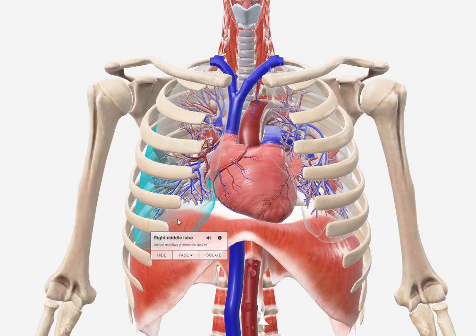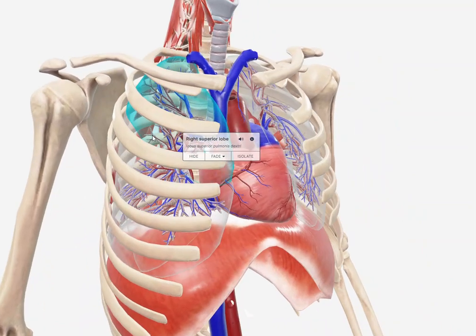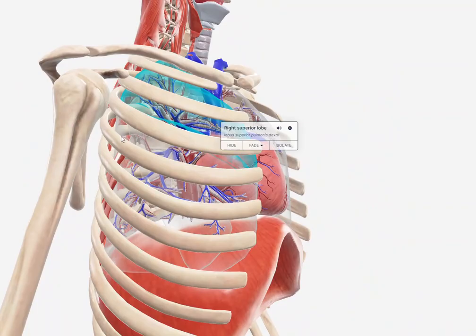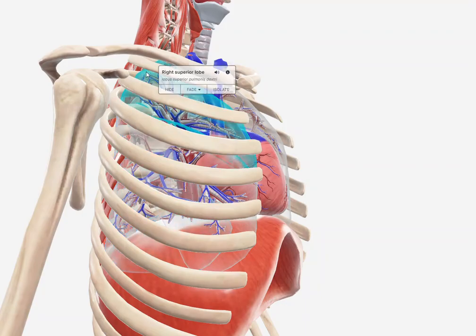So it could look really white and cloudy in a portion of the lung, but in order to identify exactly what lobe of the lung that cloudiness is in, wherever there may be some fluid or something in this portion of the lung, right? And the superior lobe is just close enough that they're not sure if it's in a portion of the right inferior lobe or the superior lobe, because they overlie one another.